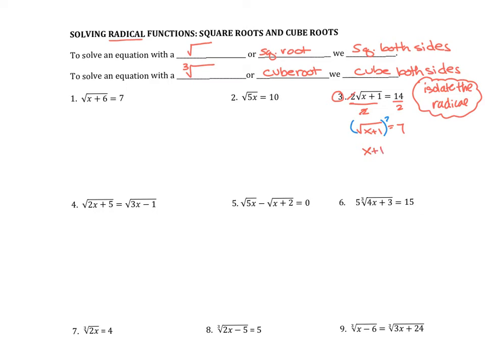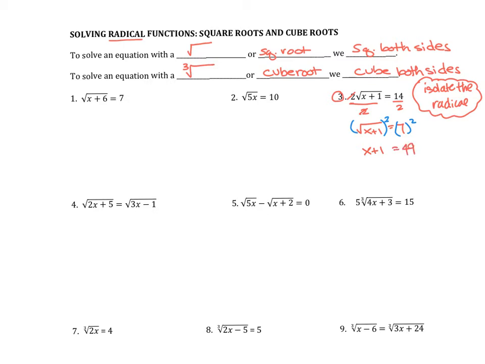If I've done that to the left side, I have to also do it to the right side. When I square my 7, I get 49.